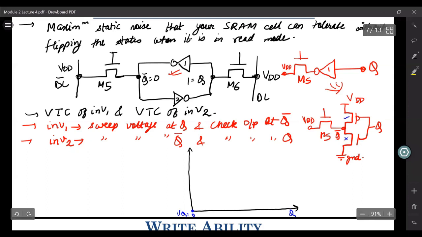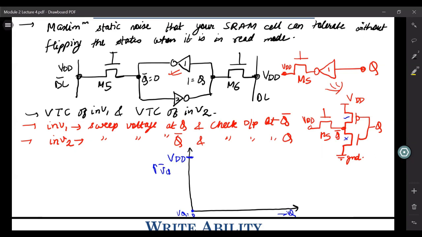So this Q bar will be charged to VDD through this PMOS, and also since this VDD is already connected to this Q bar through M5, both of these will try to charge this node VQ bar to VDD. So we start with this VQ bar as VDD. If this is VQ bar on this axis, this is VQ on this axis. So for VQ goes to 0, VQ bar is VDD. So we start with this.